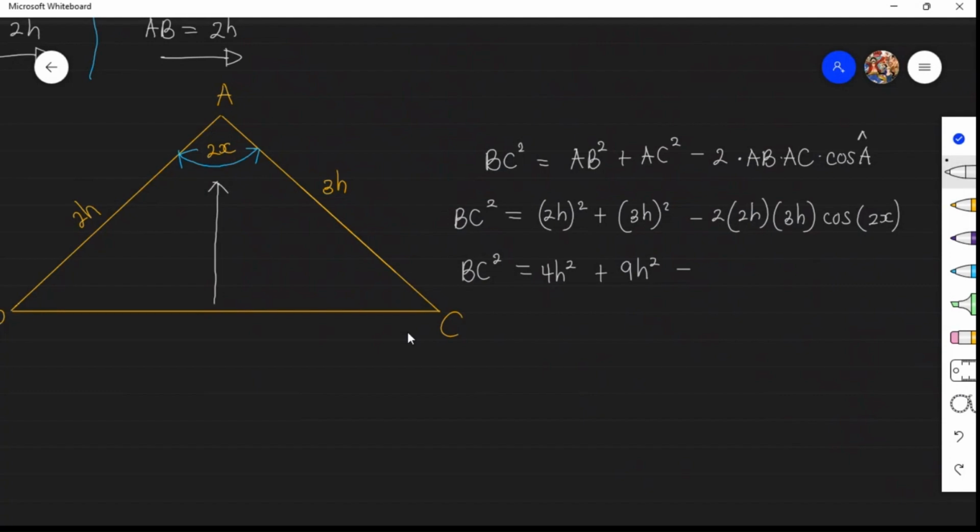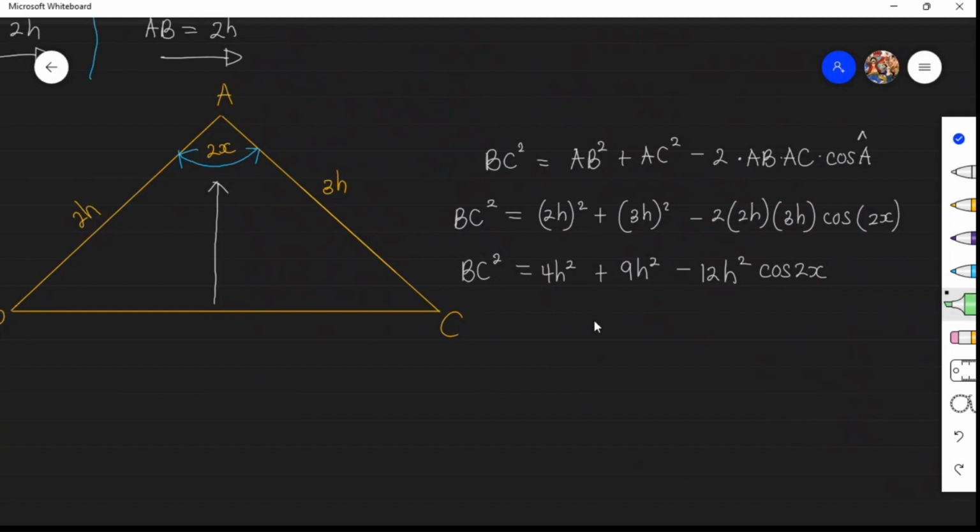You can put the numerical values into your calculator. Negative 2 times 2 times 3 gives you negative 12. Now, for the variable part, all you need to do is multiply the variables. Because they have like bases, you're going to add the exponents. So that is then going to give you h squared cos of 2x.